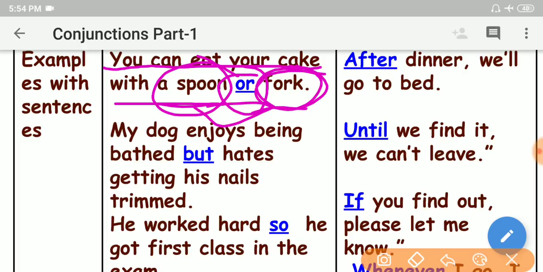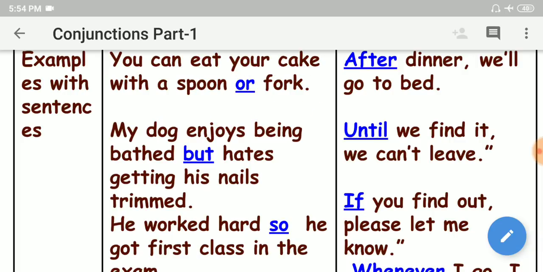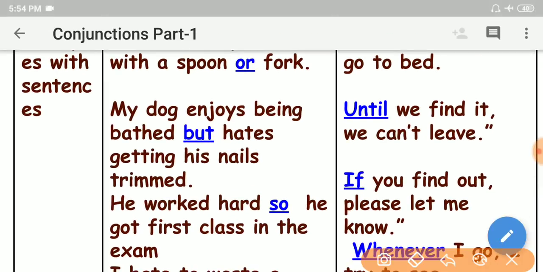In the next video we are going to learn where exactly we use or, where exactly we use but, where exactly we use so, and all those things. Just in this video we are going to learn only some examples of these coordinating conjunctions. See my dear friends, but can also be used.